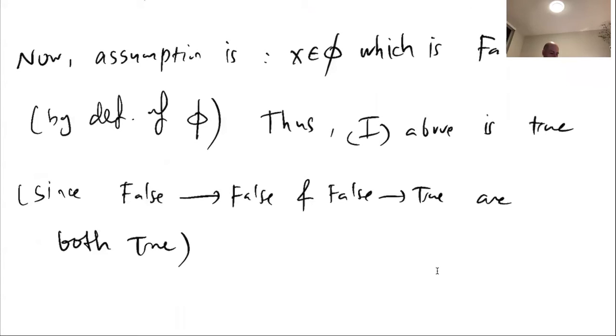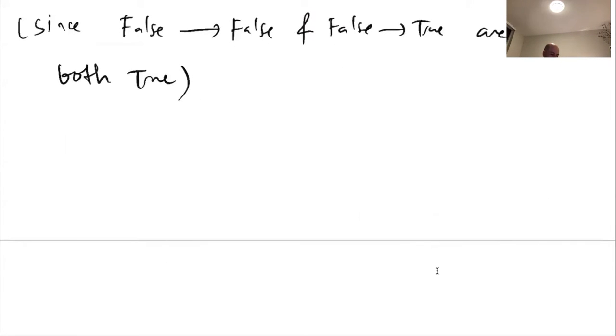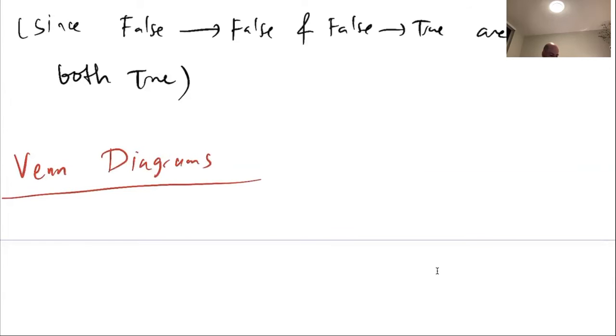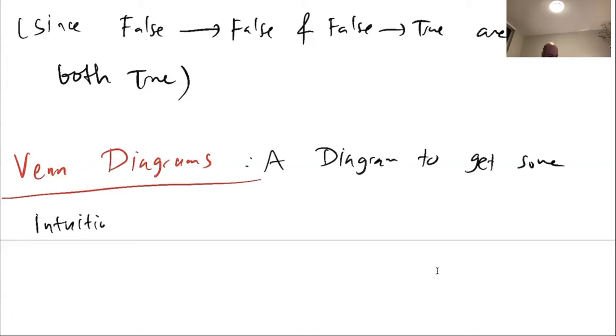Okay. Now, we want to also look at the Venn diagram. Venn diagrams. So this is a diagram to get some intuition about sets and their properties.